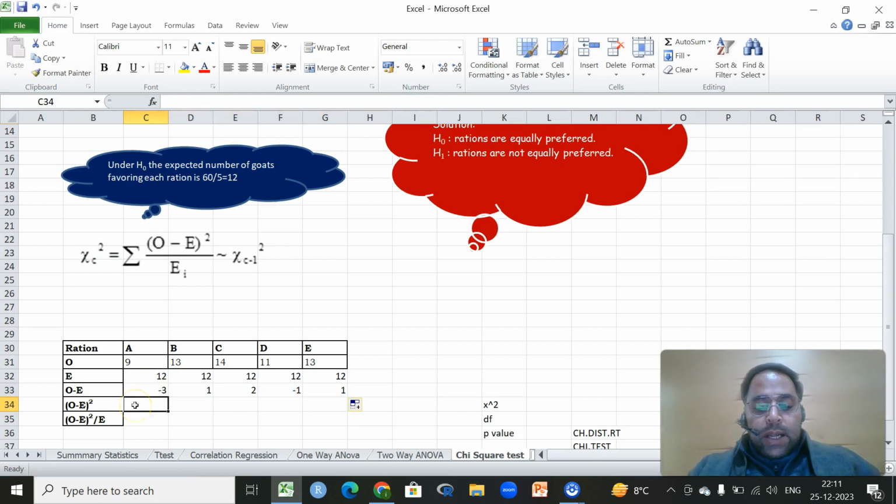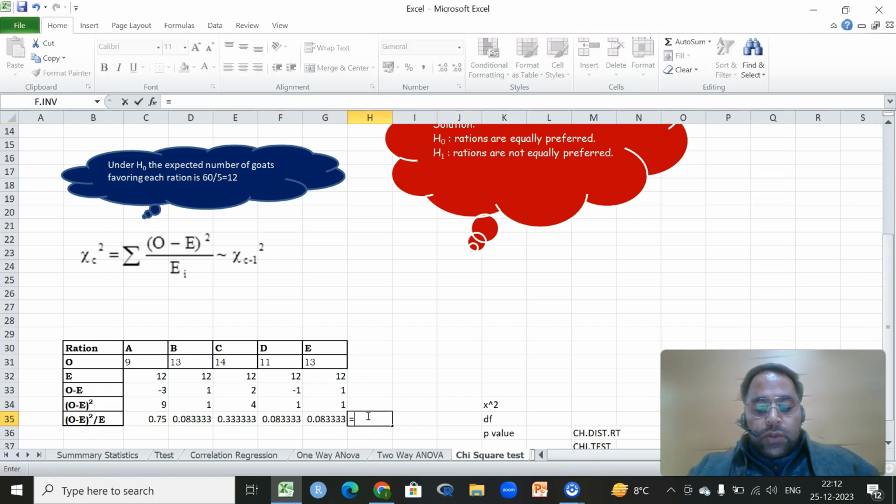Similarly we have to get the square of all these values, raised to power 2, press enter, then again we'll drag it up to this. Then very quickly we will use this divided by the expected frequencies. So again we will drag it up to this.